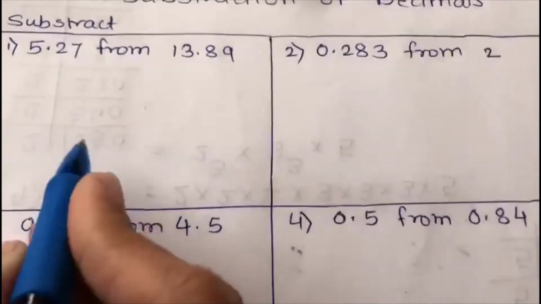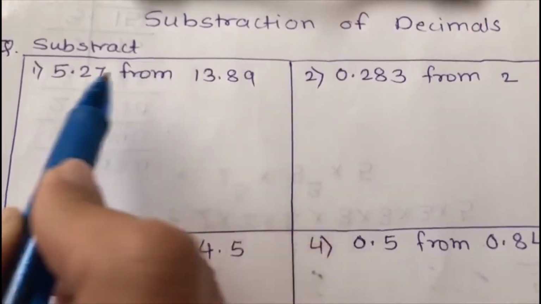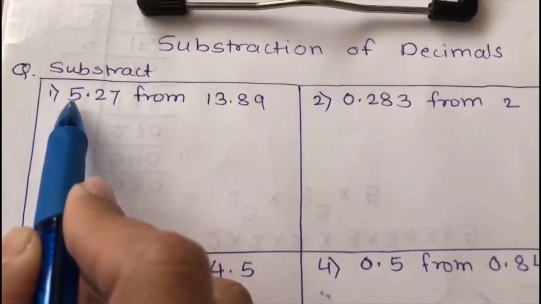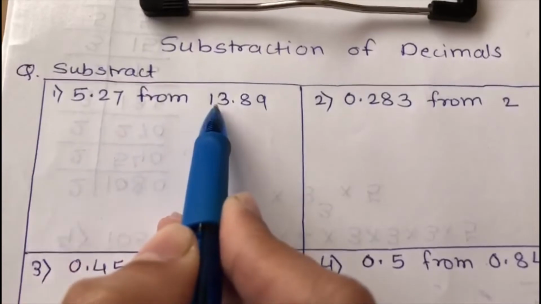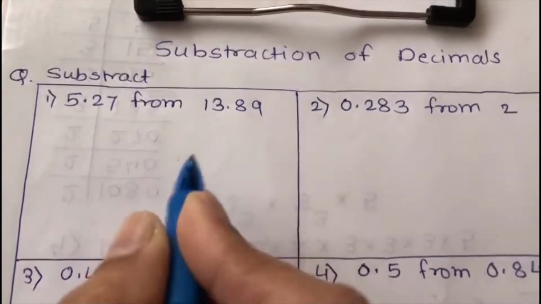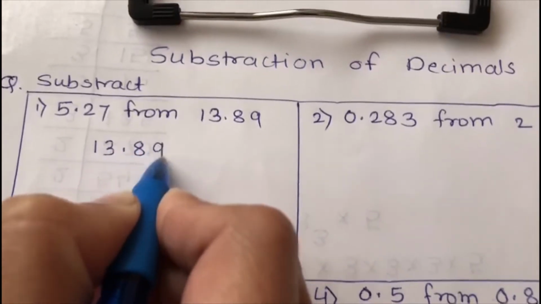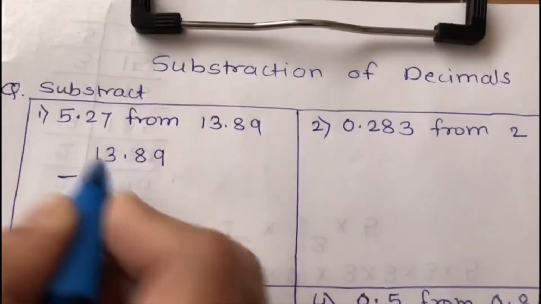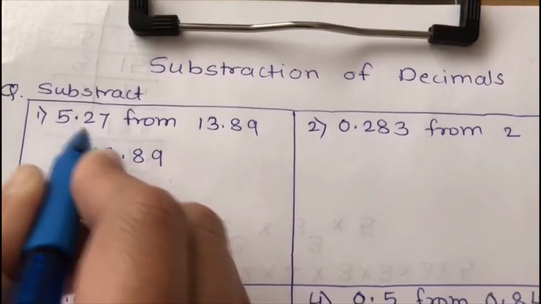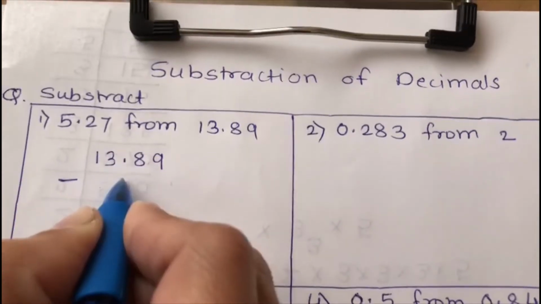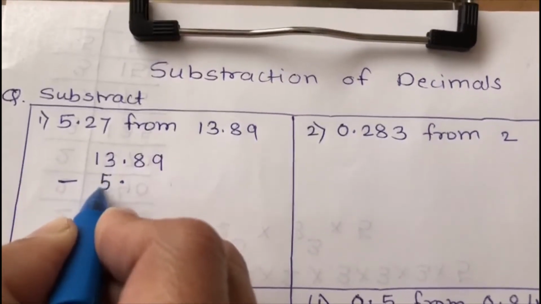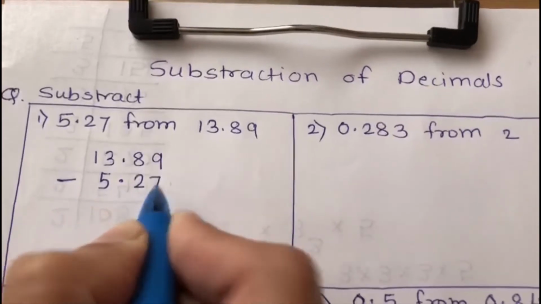So let's take the first example. We have to subtract 5.27 from 13.89. So I write here 13.89 minus, and I have to give decimal points below the decimal point, that's why I write here 5.27.